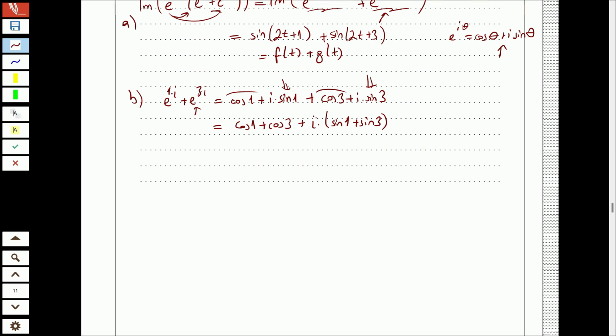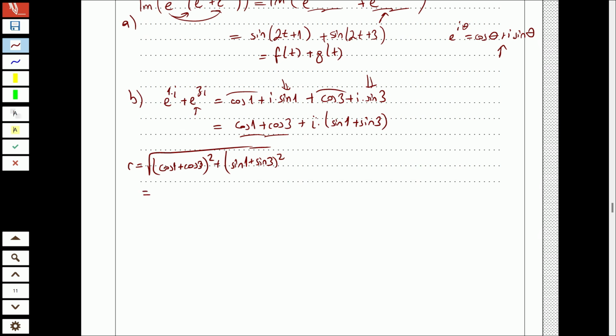First, we need the radius of this complex number. The radius is going to be the square root of the square of the real part plus the square of the imaginary part.